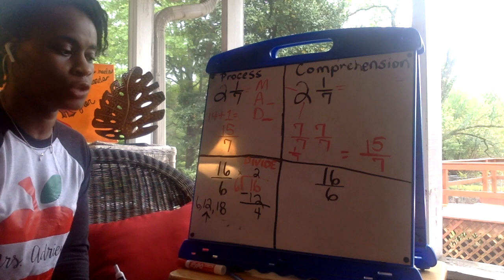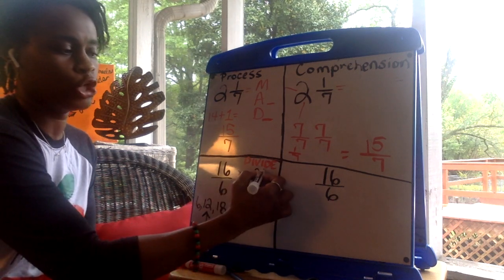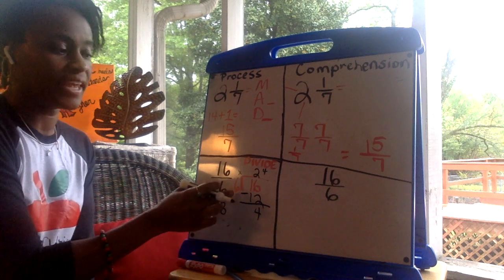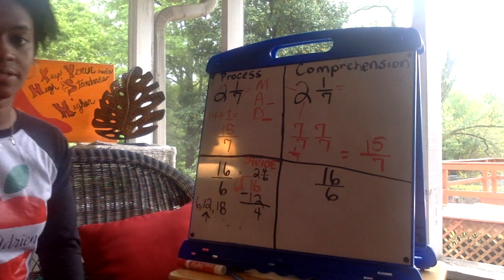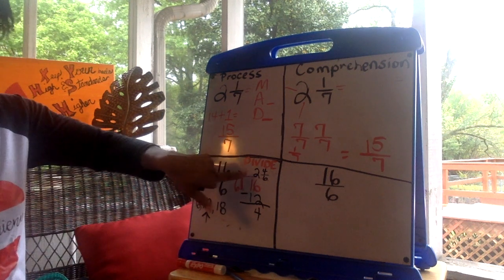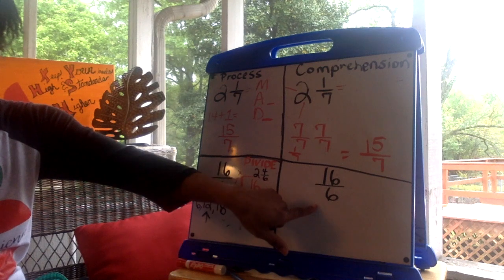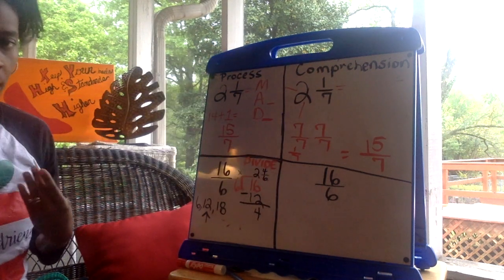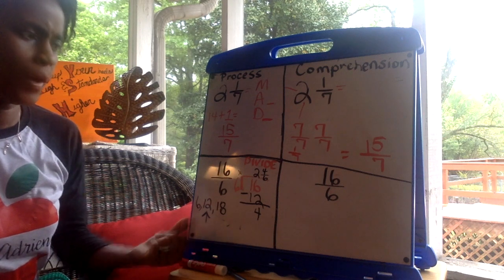Converting this into a mixed number, this 4 will now be my numerator, keeping my same denominator, which is 6. 2, 4, 6.